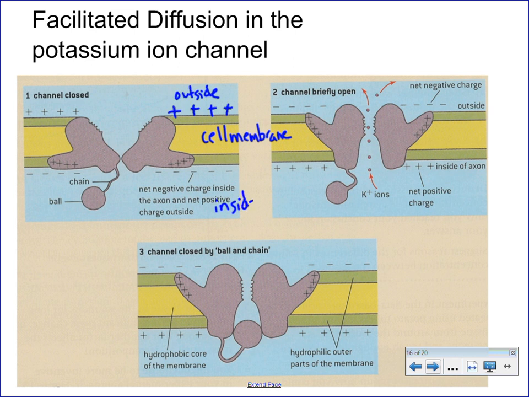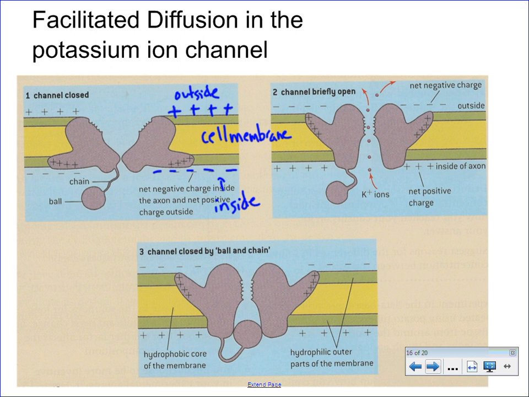On the inside of the cell, that side of the membrane will have a negative charge associated with it. This difference in charge is specific to neurons and to the axon in particular. And this difference in charge is referred to as a polarized membrane.